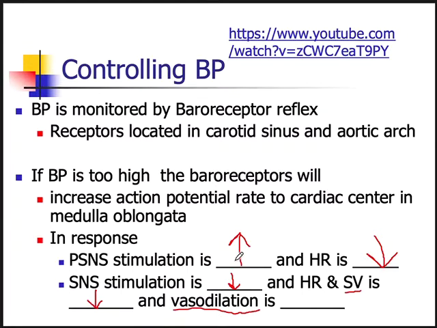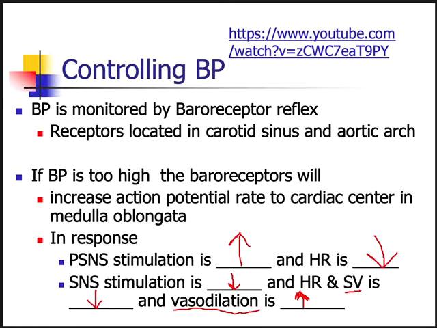But when you decrease sympathetic nervous system stimulation, you're going to decrease the heart rate, you're going to decrease the stroke volume, and you're going to vasodilate vessels in the body. Okay, good.